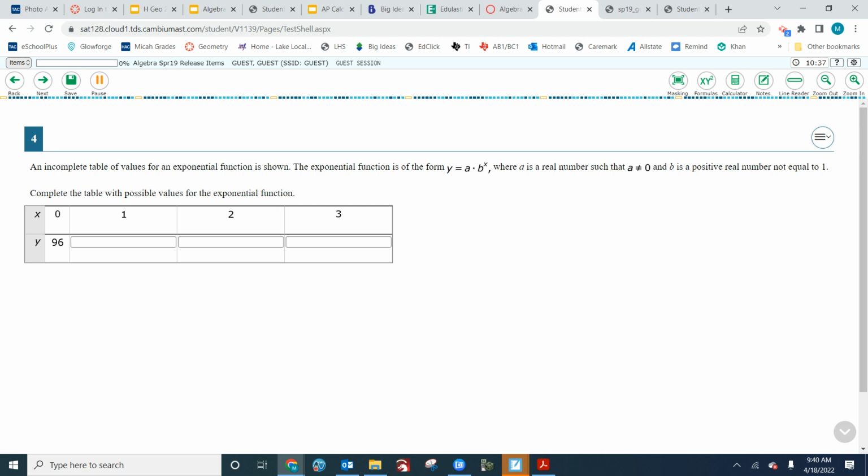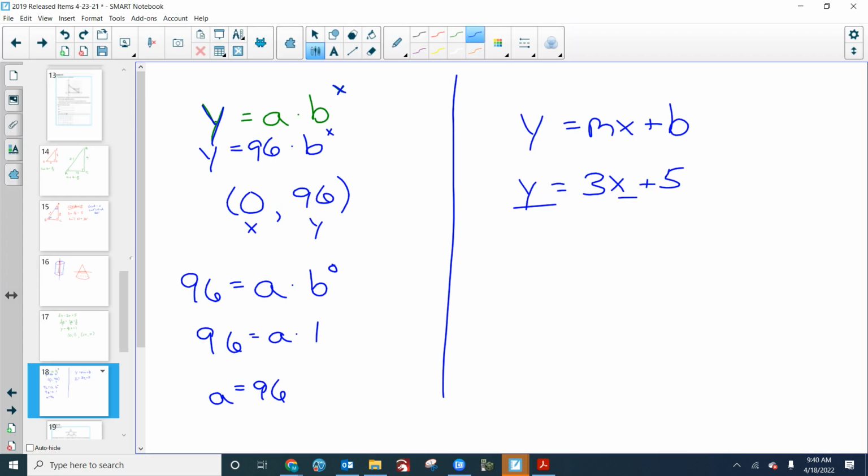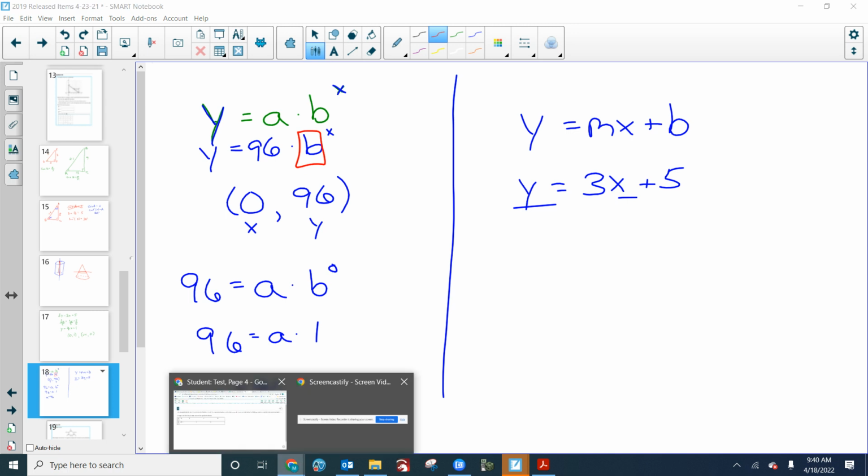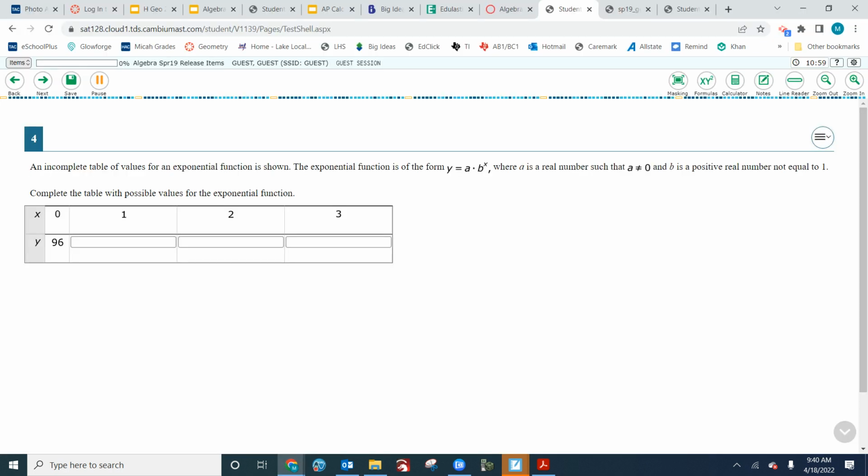Complete the table with possible values. So not anything you want, but what does it have to follow? Like what if you say, I'm just going to let b equal 2. Does that fulfill the rule they said? B is a positive number not equal to 1. If you would have said 1, I'd say no.